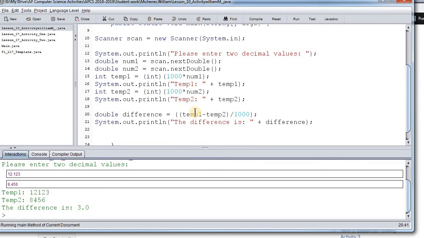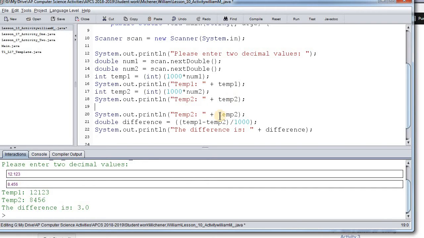So the problem here is, let's do another System.out.println here. Copy. Let's do one right here. I'm going to do it like this. And what I want to do here is I'm going to say temp1 minus temp2 is, divided by 1,000, equals.